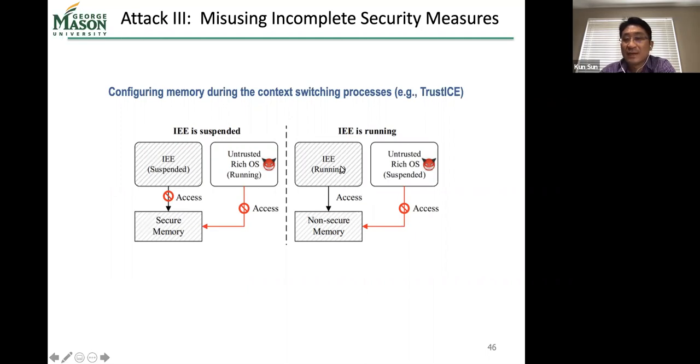And when the IEE is running, it can access the non-secure memory, but the rich OS will be suspended, so it cannot access memory at the same time. This is because we have only one core, one processor, so when we run the IEE, we can just suspend the rich OS.